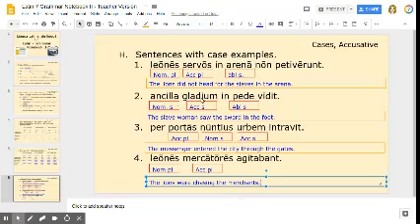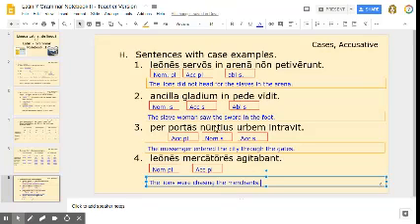So ancilla gladium in pede vidit: subject, direct object, object of a preposition, verb, and in is the preposition. Per is the preposition in number 3. Direct object of the preposition, because it's per plus, and per just happens to take the accusative. Some prepositions take accusative, some take ablative. Nuntius is your nominative, so it's our subject.